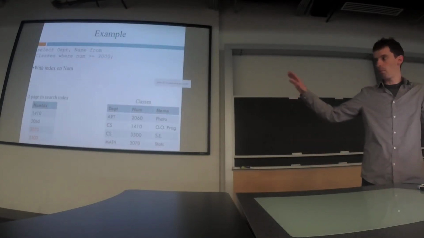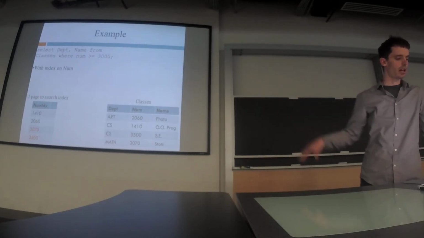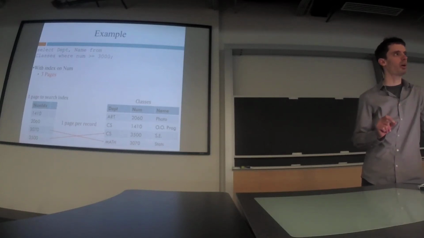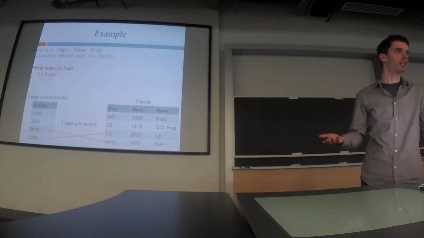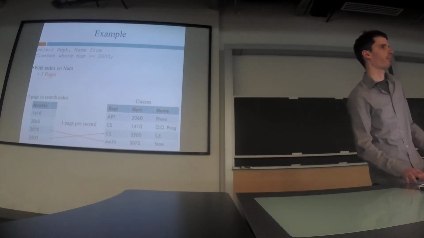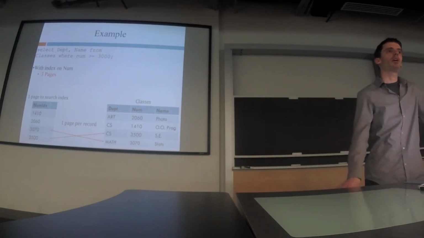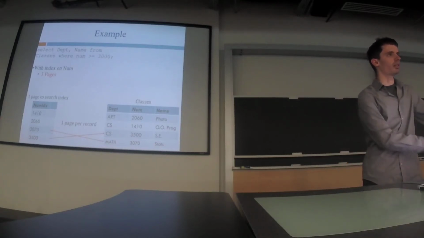We can do a binary search or whatever to find 3070 and 3500. Then we take those 2 pointers and go load the full rows out of the real table, pretending that those are an entire page each. The total is 3 pages. So we've done better, and this problem is too small to make it way better. It's 4 versus 3. Really, though, it's order n versus order log n.